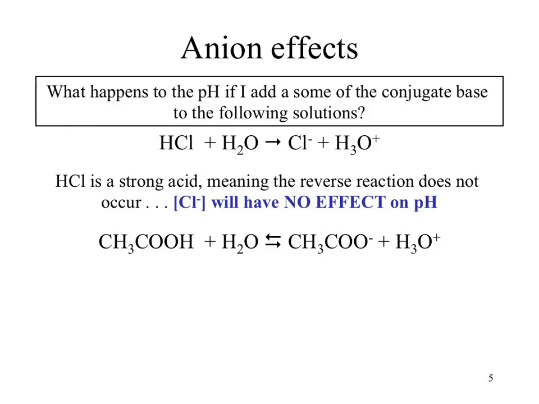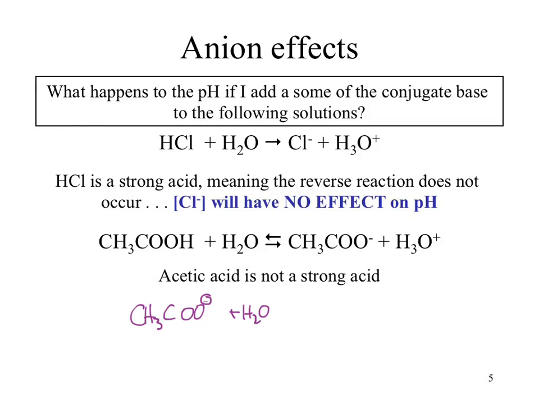Okay, let's take this acid, acetic acid, drawn in a slightly different format than we've seen before. It's not a strong acid. So what happens if I take acetate ion now and add that into water? What's the product? Careful.